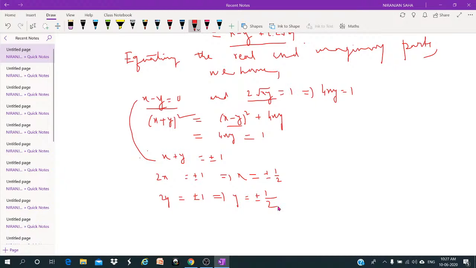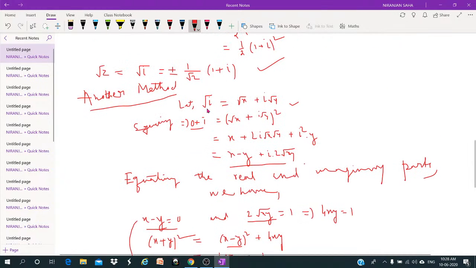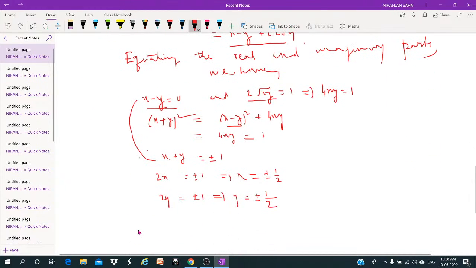So the root of iota is taken equal to root x plus iota root y.